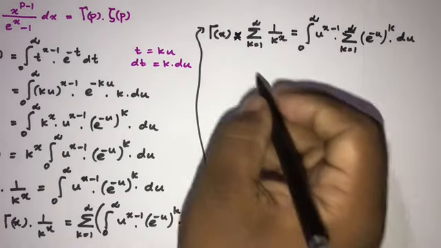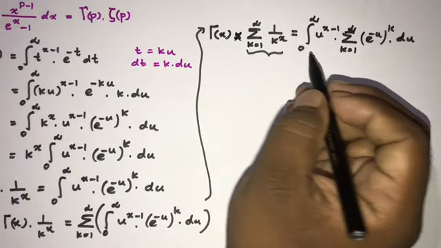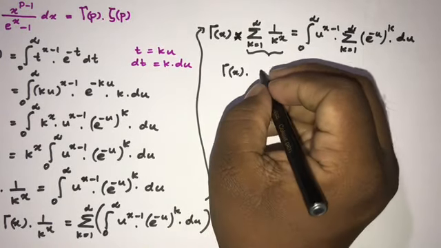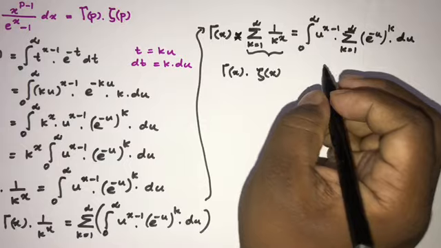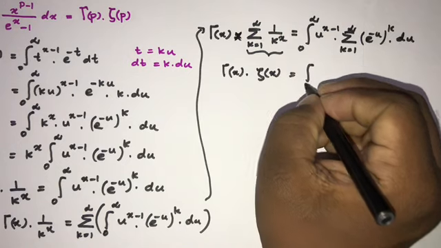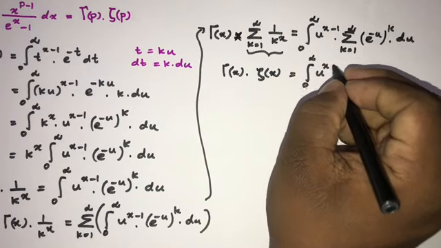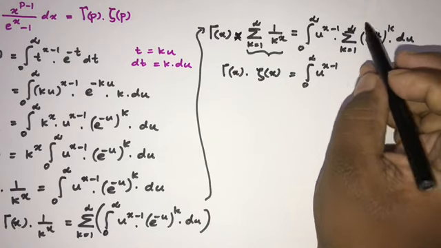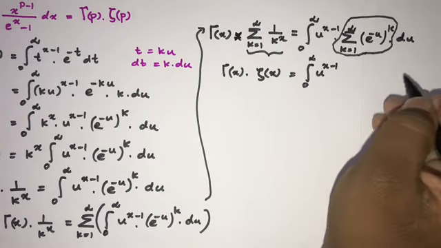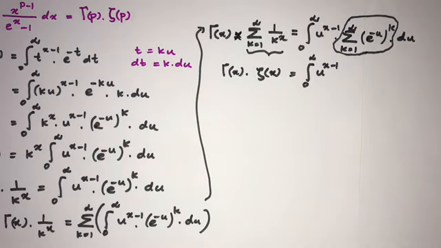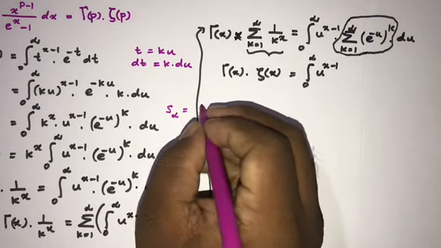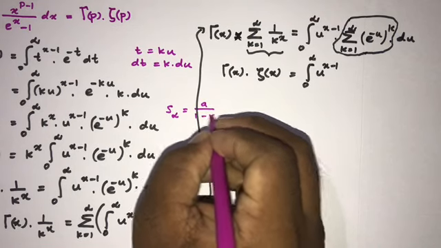Okay, then this is familiar to us, because we know this sum is equal to zeta of x. So we can write gamma of x times zeta of x is equal to the integral from 0 to infinity of u to the x minus 1 times the sum. And now this part is an infinite geometric series, so we know the sum of an infinite geometric series is S infinity equals a over 1 minus r.